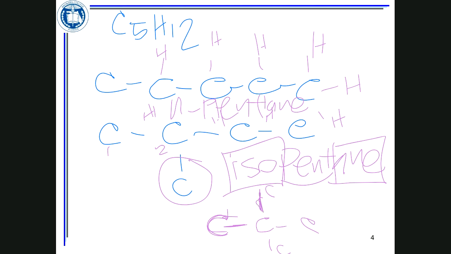At the time they discovered this compound, it was new to them, and because it was new, they called it neopentane. They said this is a new compound, so they called it neopentane. So for pentane, we have normal pentane, isopentane, and neopentane. And with neopentane, it means that on carbon number 2 you have 2 methyl groups.